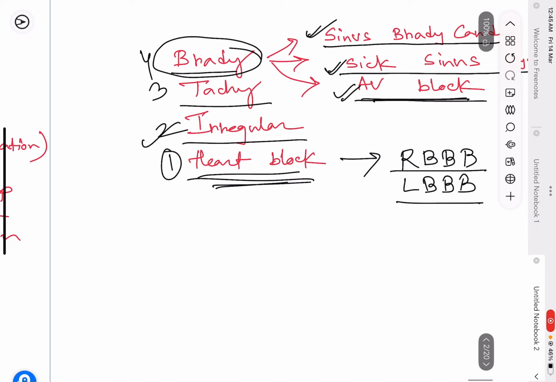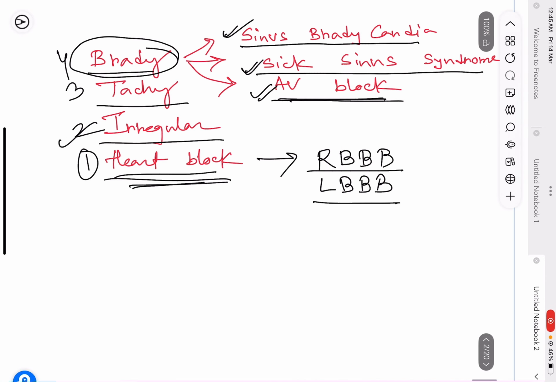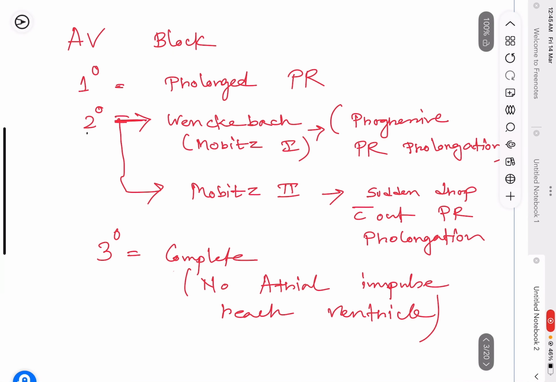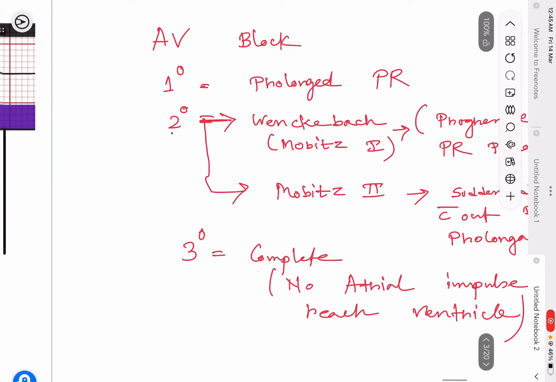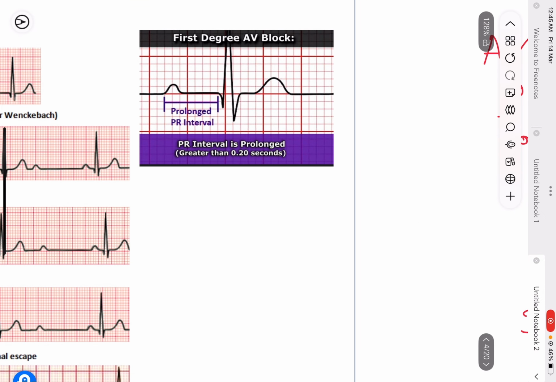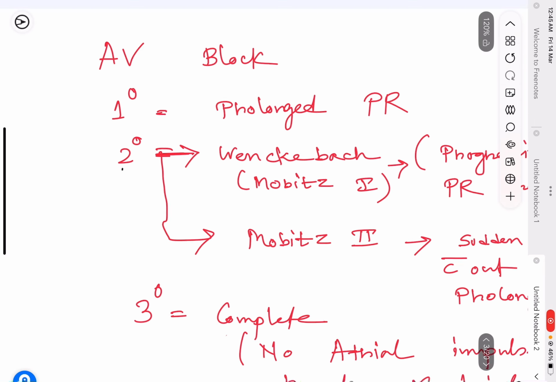Now let's start with the AV block. Among the bradyarrhythmias, one of the topics is AV block. In AV block, we have first, second and third degree AV block. What happens in AV block is that the PR interval is continuously prolonged, to more than 200 milliseconds in first degree AV block.